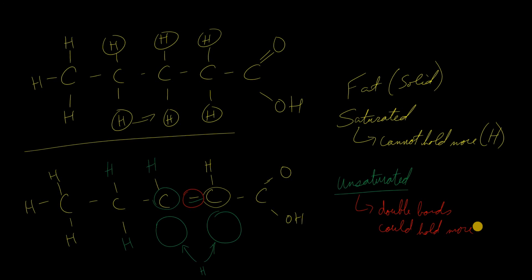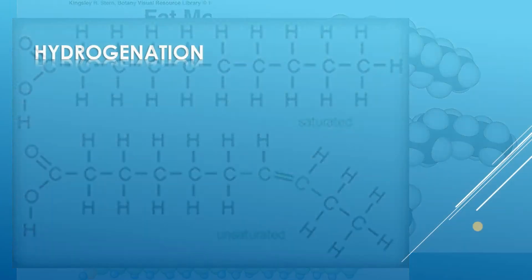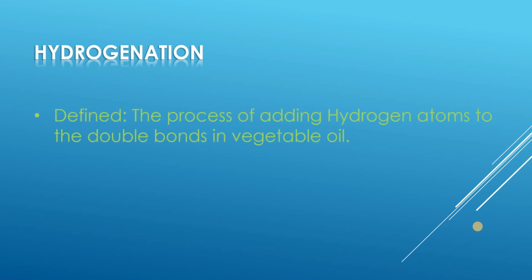Now there is another term that I wanted you to be familiar with, and I think that would be on the next slide, and it is hydrogenation. This is the process of adding hydrogen atoms to the double bonds. Now, chemically, that's what's happening. Obviously, this process is more complex in a lab, but what we're doing is we're taking something like peanut oil and we're hydrogenating it, putting hydrogen atoms into it to make the double bonds fill.